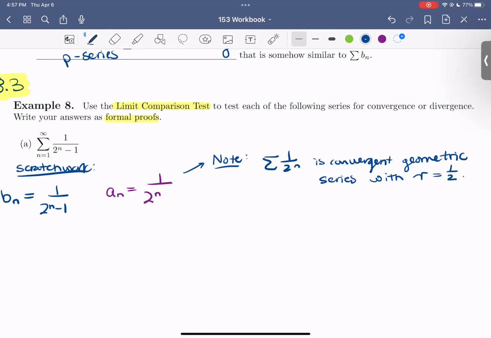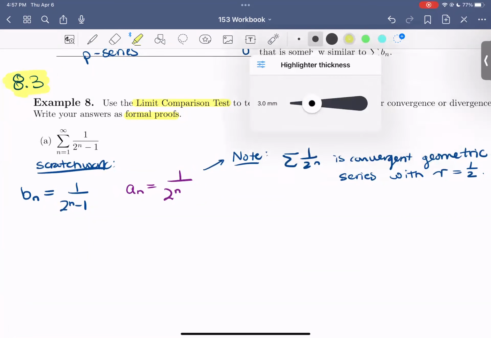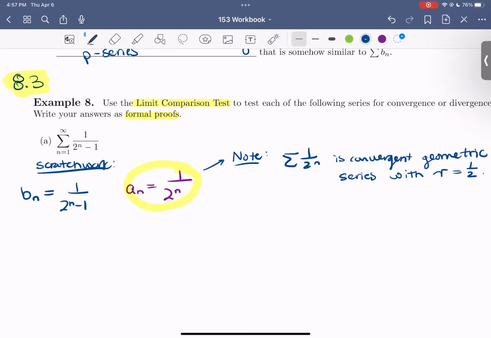It might not be the one that we stick with, but we're going to try it out. We know that it converges. So if we're able to compare it with the series of the b_n's, then we can determine what the b_n series does based on what the a_n series is doing.